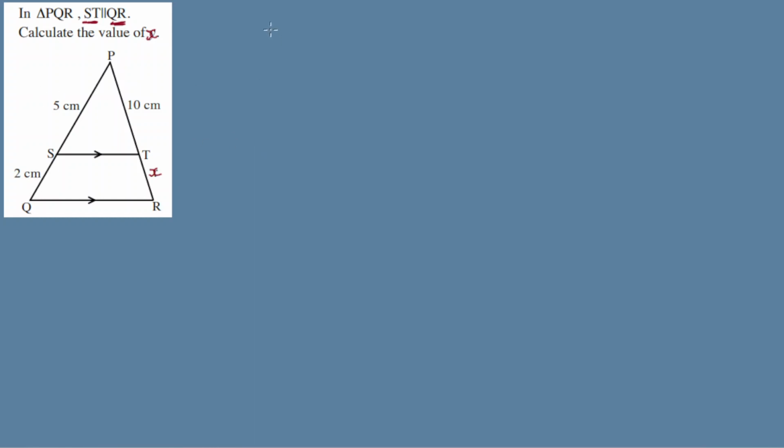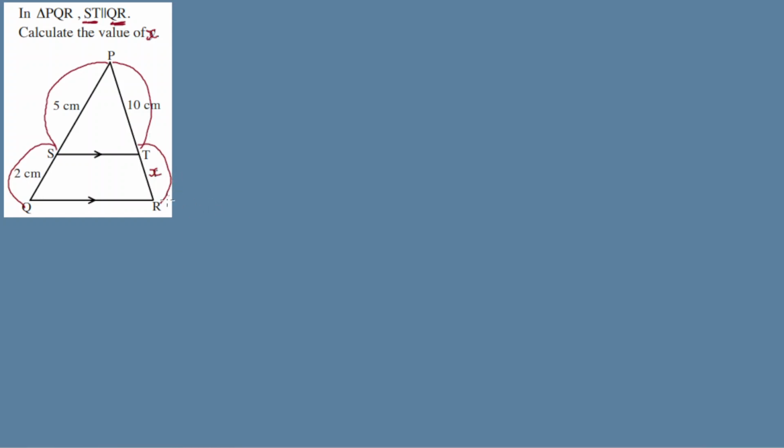Look now. We know from the proof that this over this is equal to this over this. You use a ratio depending on what you are expected to calculate.